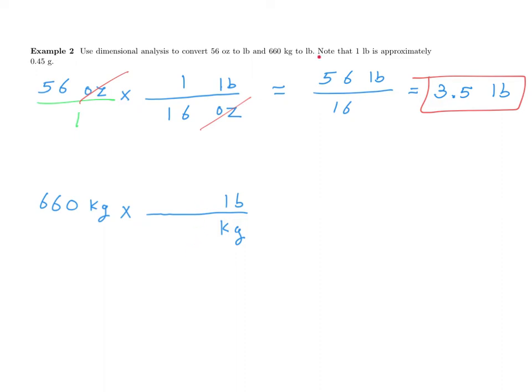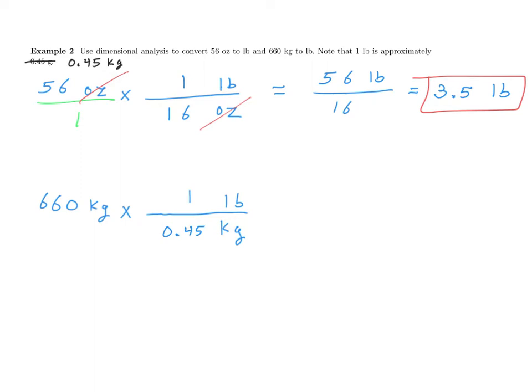Up here I have a conversion factor that is stated. You don't have to memorize this. It says that 1 pound is approximately 0.45 grams? That's not right. That should be 0.45 kilograms. With that correction, we can set things up perfectly. For every 1 pound, there is 0.45 kilograms.